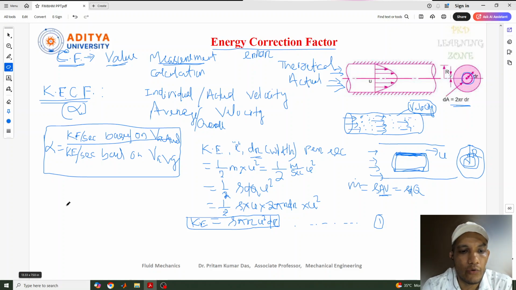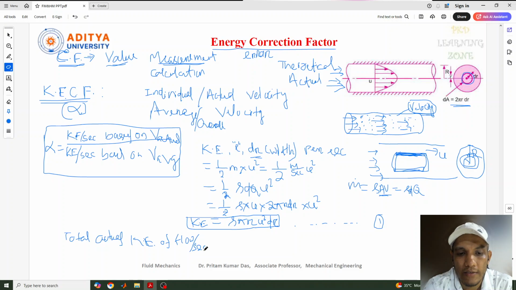Now we need to find out the total actual kinetic energy of flow per second. For this, from the equation for kinetic energy that we got, we just need to integrate, and we need to take the limits also.